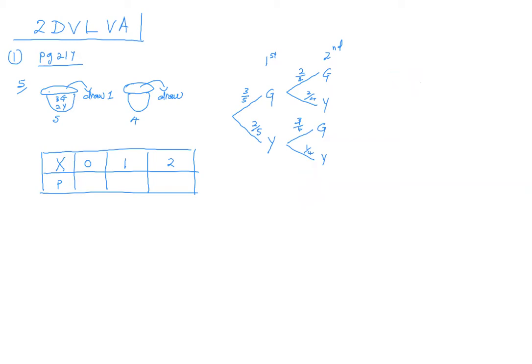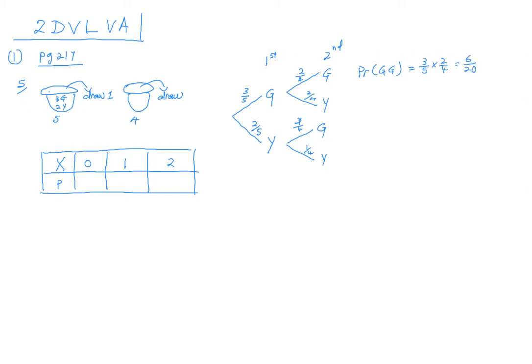So now, what is the probability of this outcome? Green and green. So it's 3 over 5 times 2 over 4. So the answer is 6 over 20.